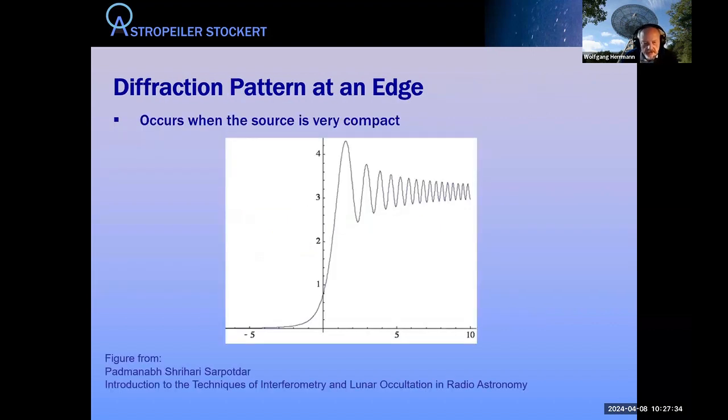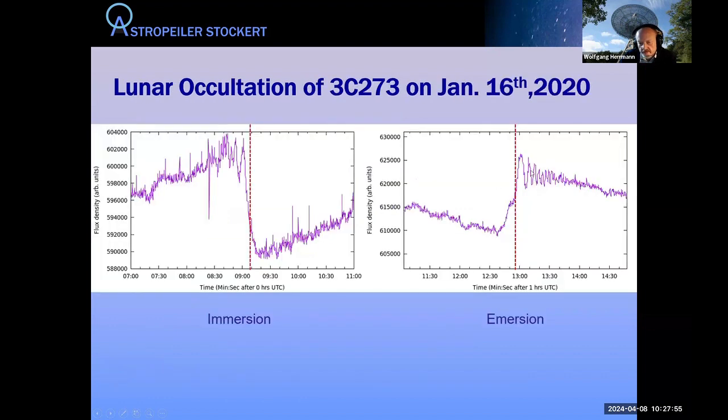So what will happen with a point source at an edge. The point source approaches, you get some diffraction, and then you get a diffraction pattern, which then gets higher in frequency and dies out. And this is exactly what you can see here.